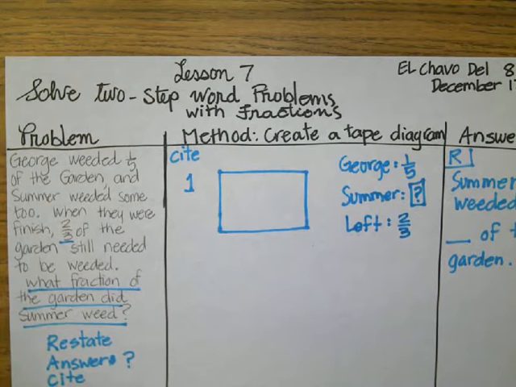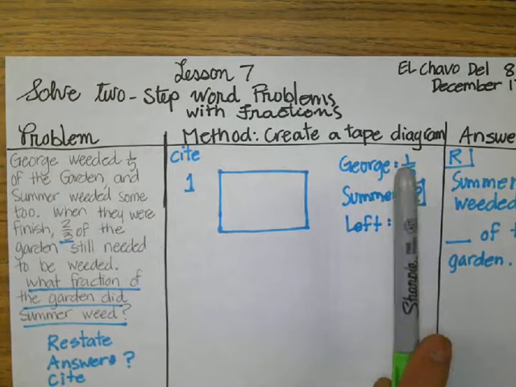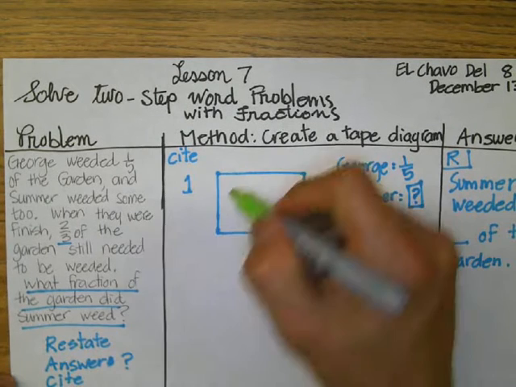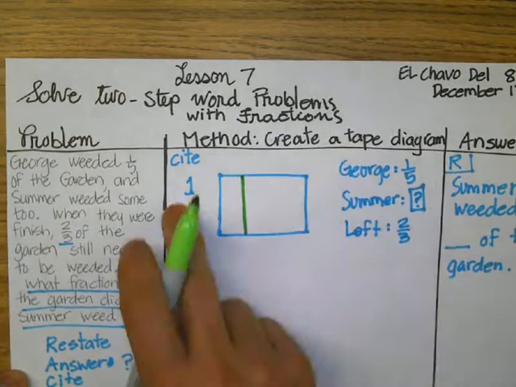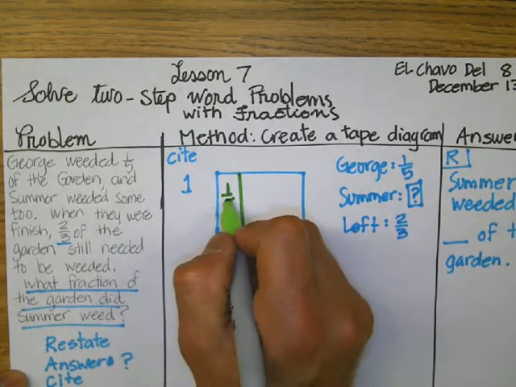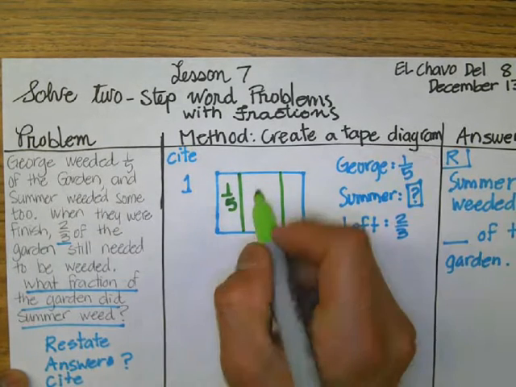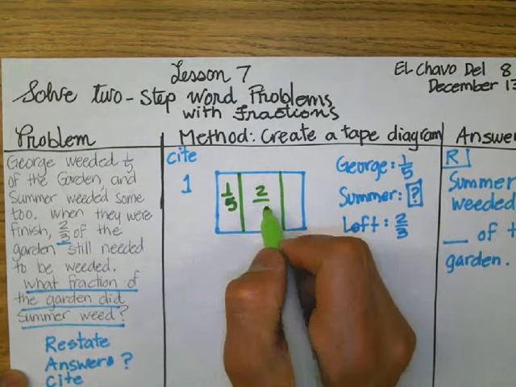Now our next step is to reason the problem. It looks like if we add what is left, well, let's just make a tape diagram. From this area, from the whole, George did this part, and this much was left.